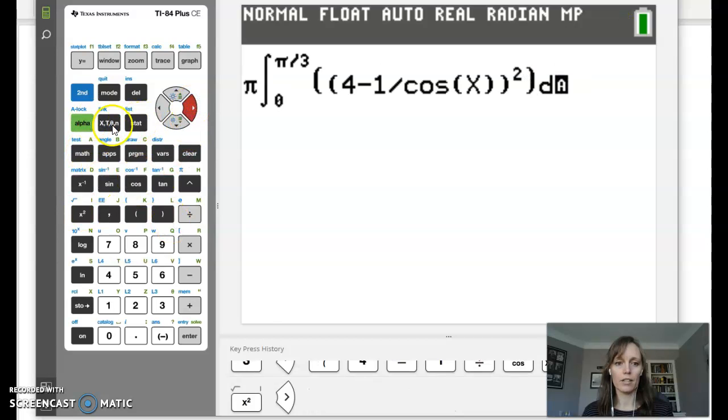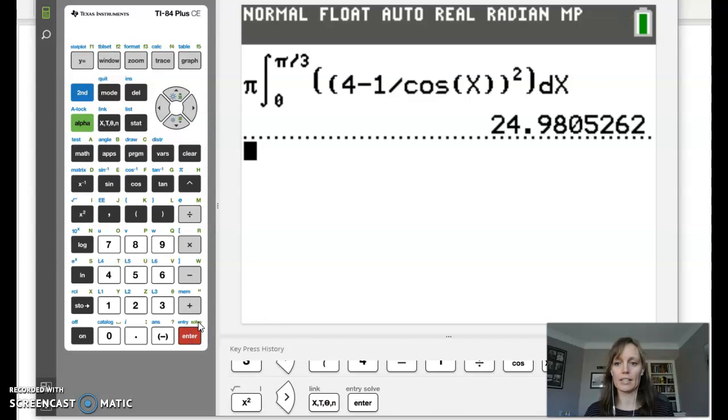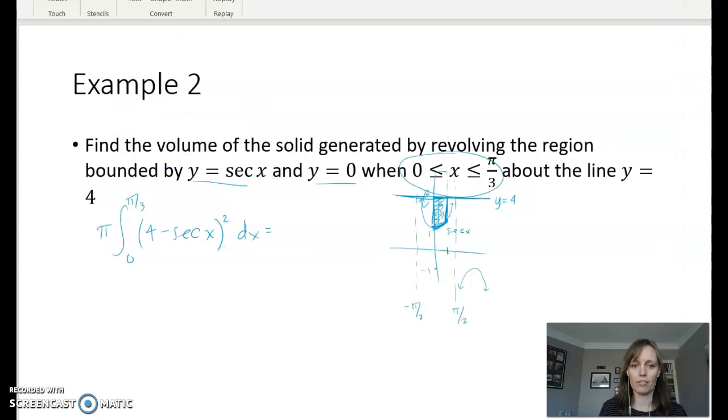And then our variable of integration is x. And we get 24.980 if you cut it off, 981 if you round it up. So the volume of that shape would be 24.980, or 24.981 would be an acceptable answer as well.